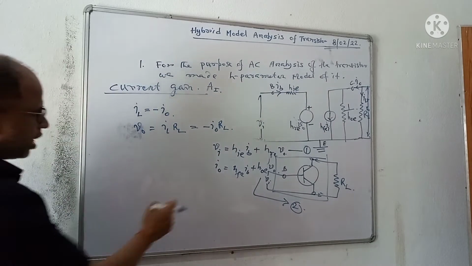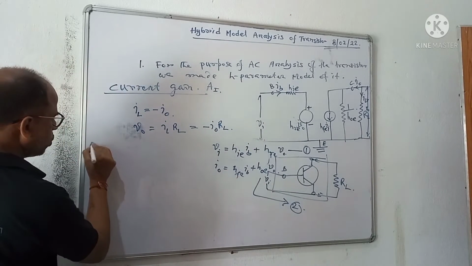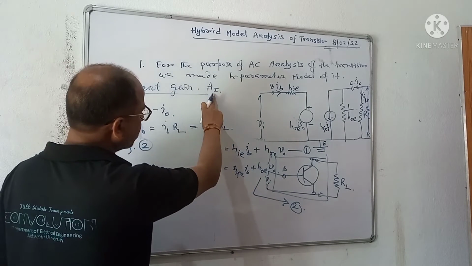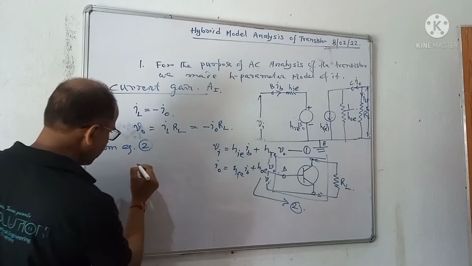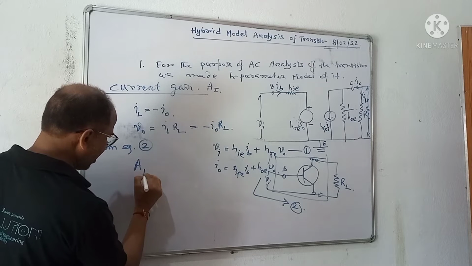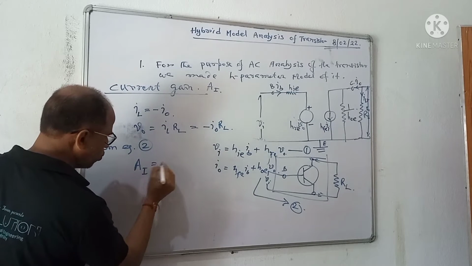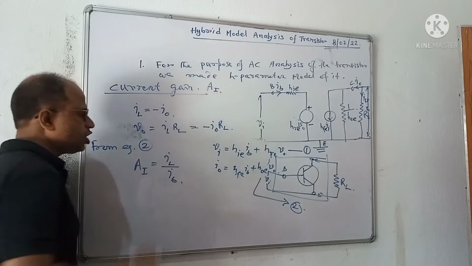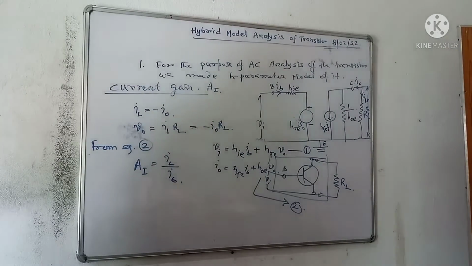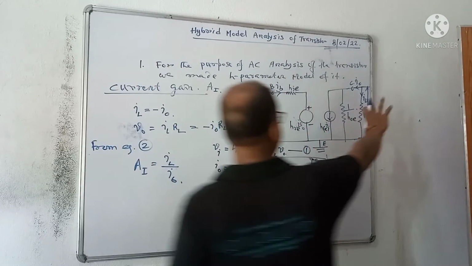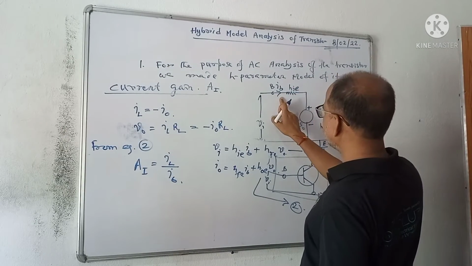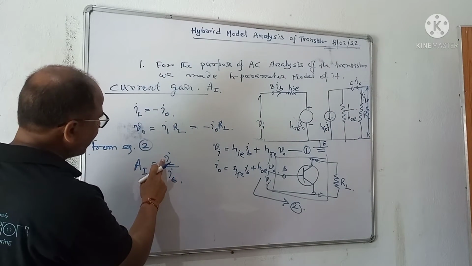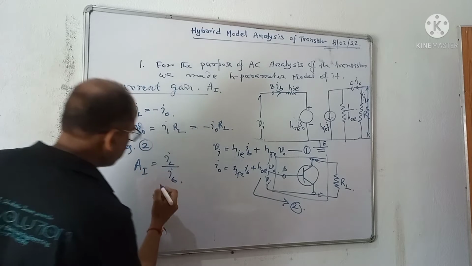Now, because I want the current gain, the definition of current gain is AI equal to IL by IB. This is the definition of the current gain: output current by input current. Now, what is IL? IL is equal to minus I0.